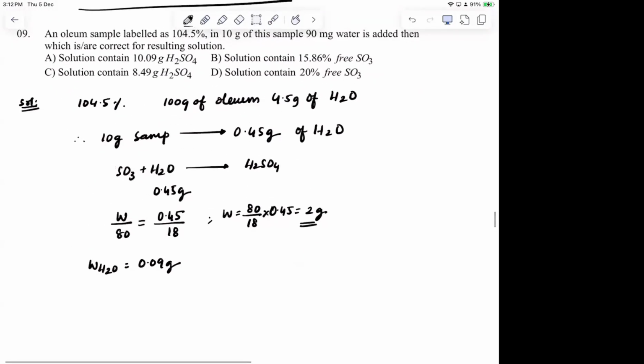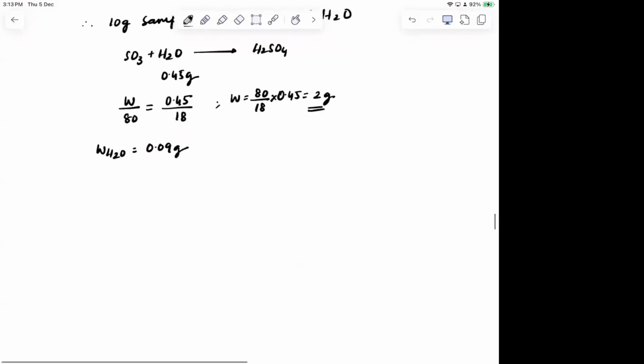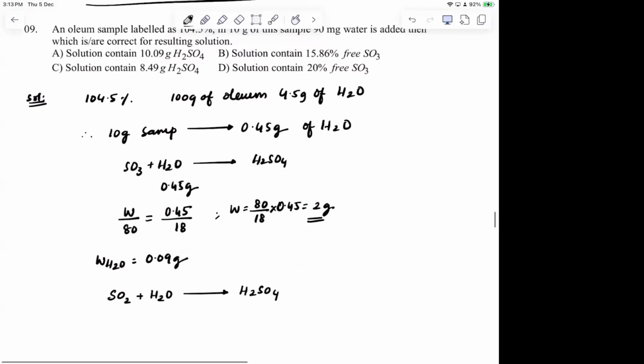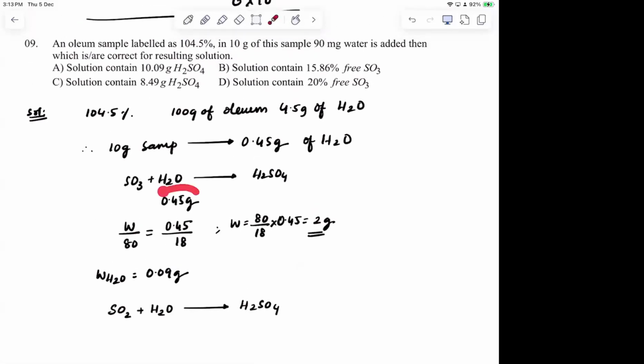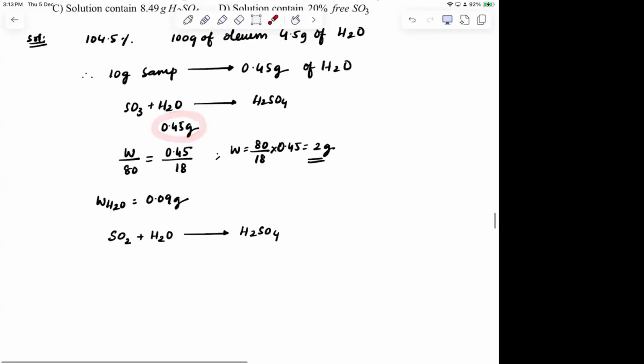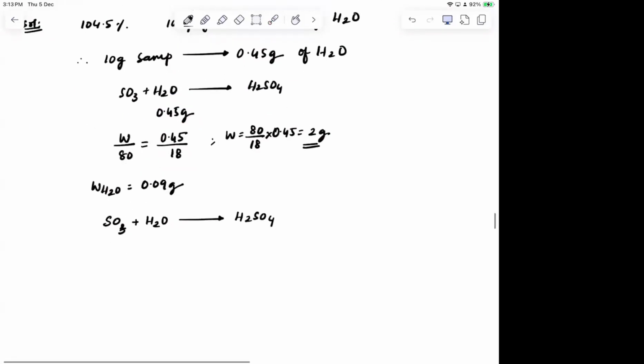SO3 was free already, right? So this much amount, 0.09 grams, has been added, so SO3 plus H2O will convert into H2SO4. The free amount of SO3 which is present is 2 grams.